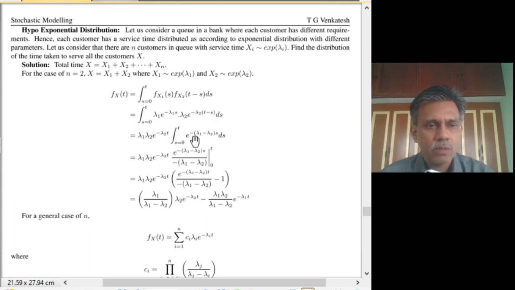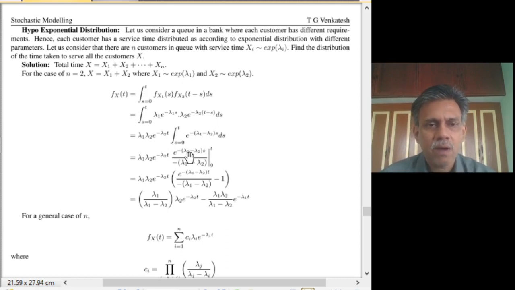So take lambda 1, lambda 2 outside the integral, and also e power of minus lambda 2 t, which is independent of the integration variable. What we are left with is the integral 0 to t of e power of minus lambda 1 minus lambda 2 into s ds.